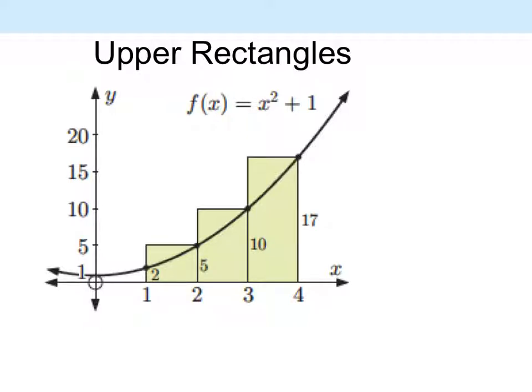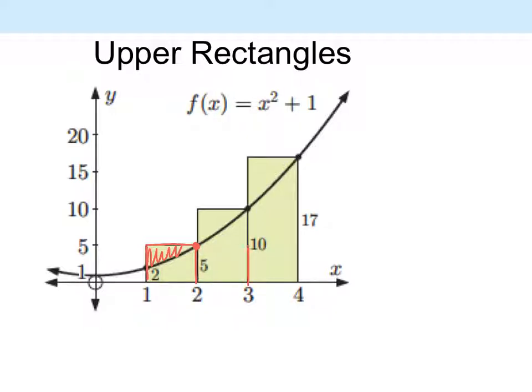You can see here the function is increasing. Okay, so when I draw the upper rectangles, what that means is that the rectangle will be hitting the function on the higher side, and inevitably what ends up happening then is that I have a little bit too much. If I were to approximate the area from 1 to 4 of x squared plus 1, I'd get a little too much there.